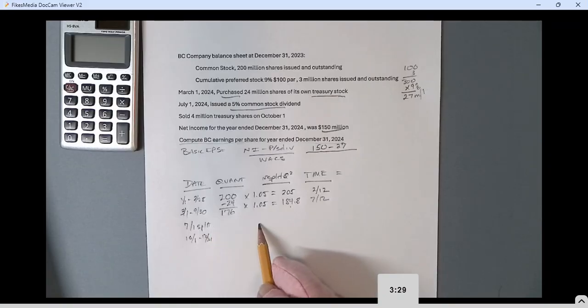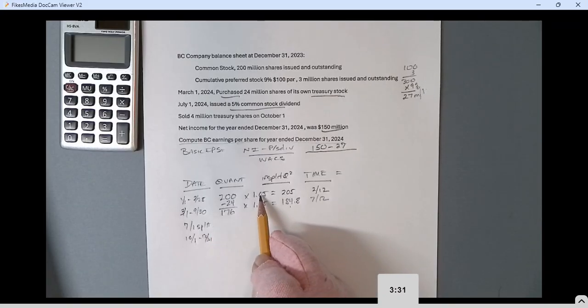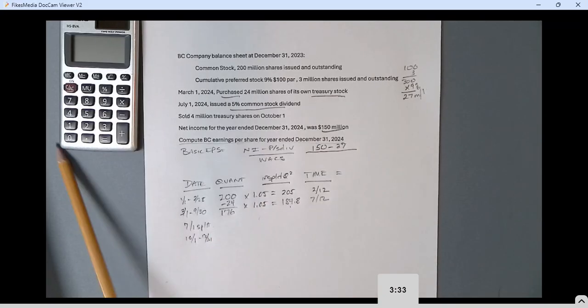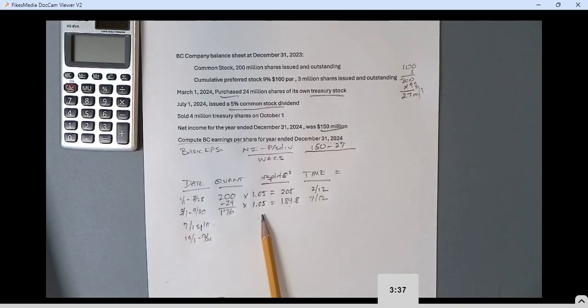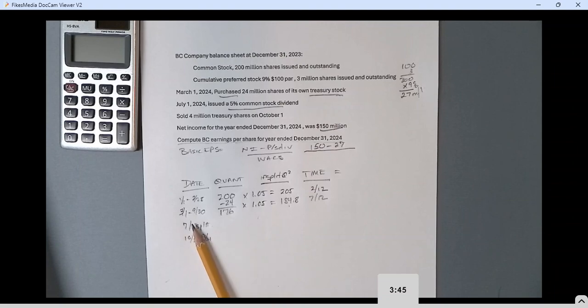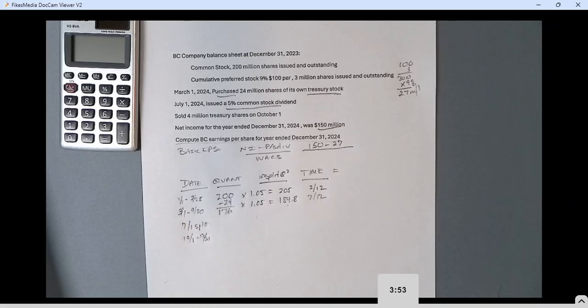So your split is here. It's being applied retroactively through the layers. These are layers of time, okay? So you layer it and you split it, and you apply it to the layers before the time of the split. So the time of the split was right in between here. So this 3/1 number would have been affected by the split.